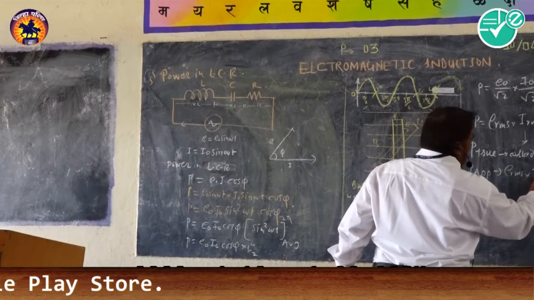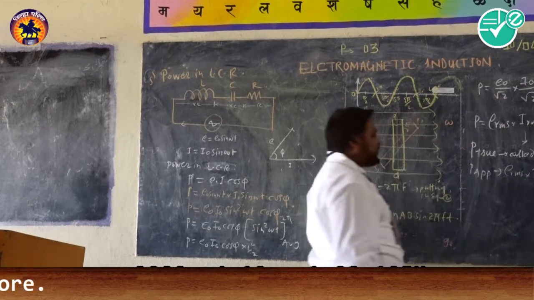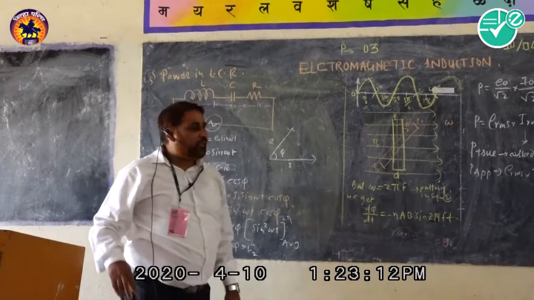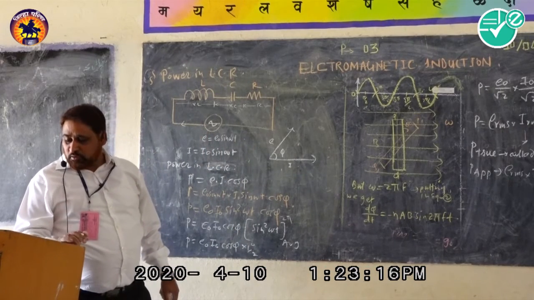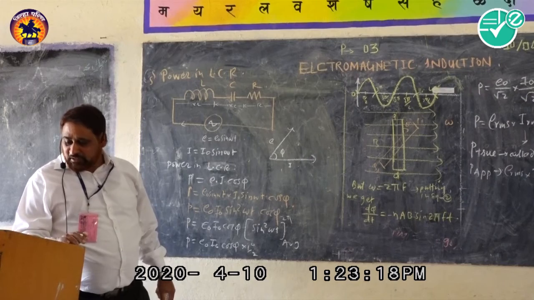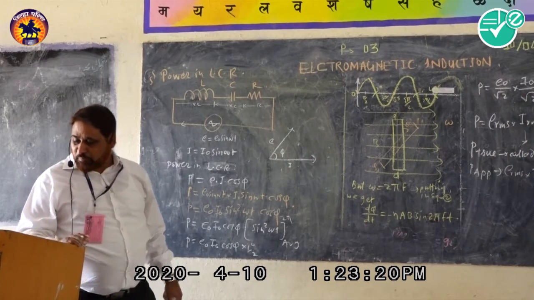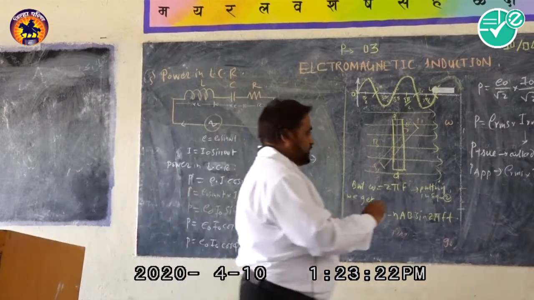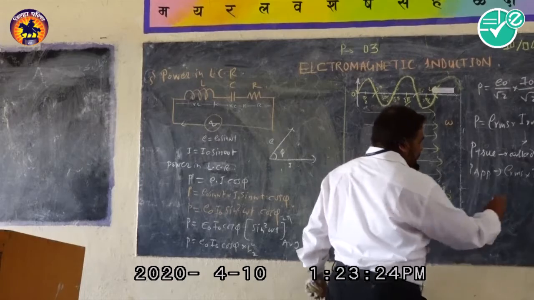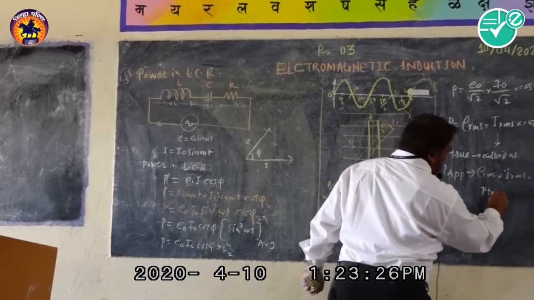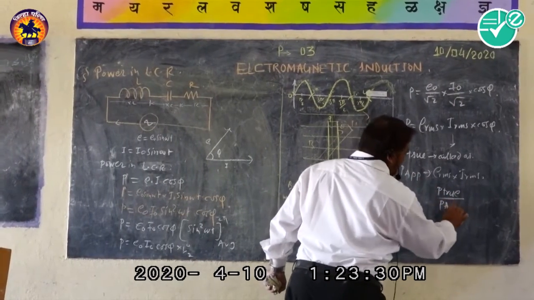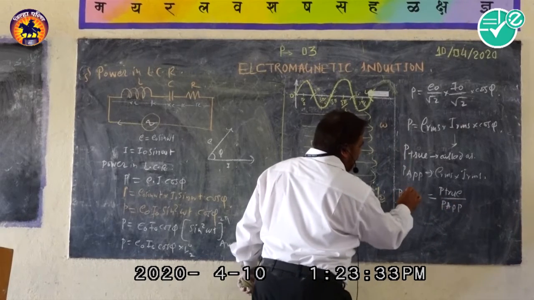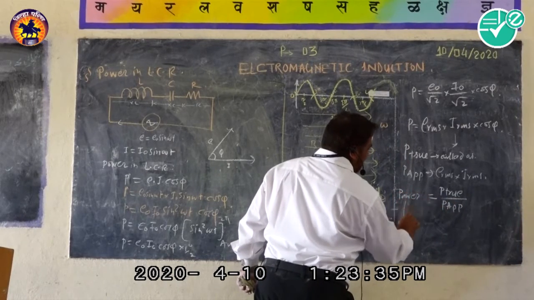The product of the root mean square value of current and the root mean square value of voltage is the apparent power. Hence, the ratio of true power to apparent power is called the power factor.